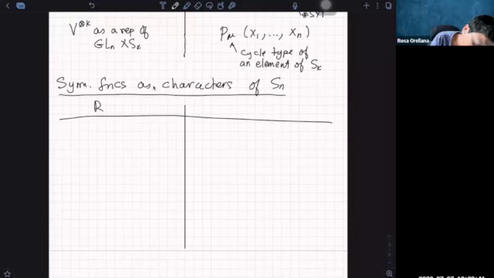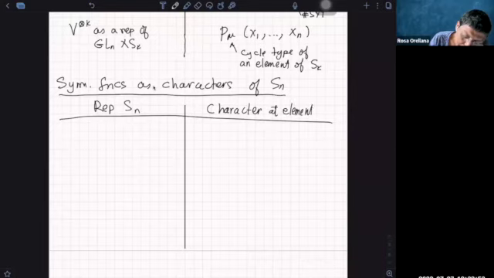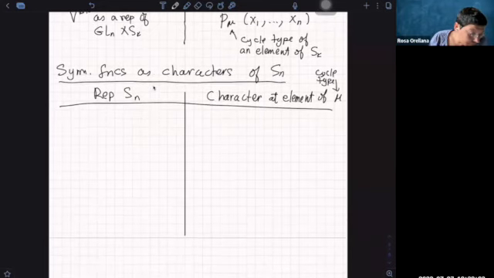Here I have a representation of S_n, and here I'm going to have the character at an element of cycle type mu. If I take the irreducible representation, that was still the lambda bar, where you remove the first row, and then here we had the psi mu.